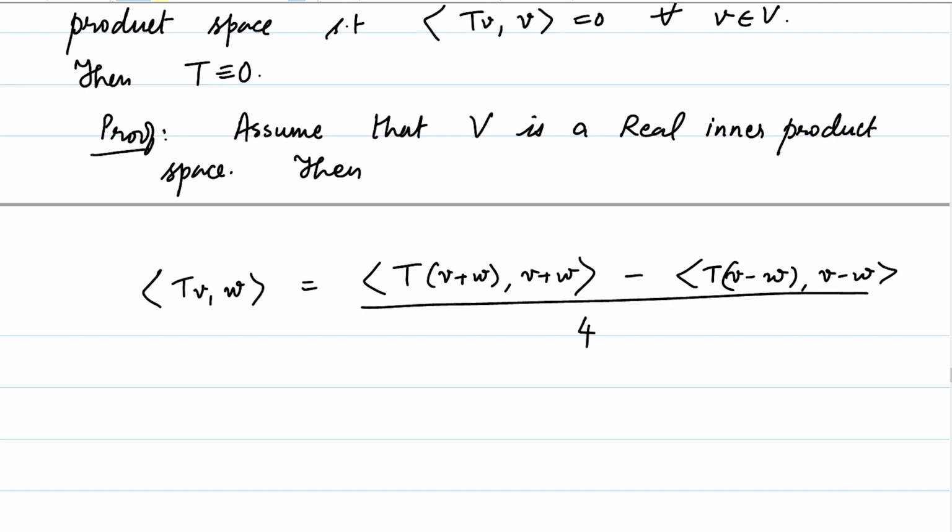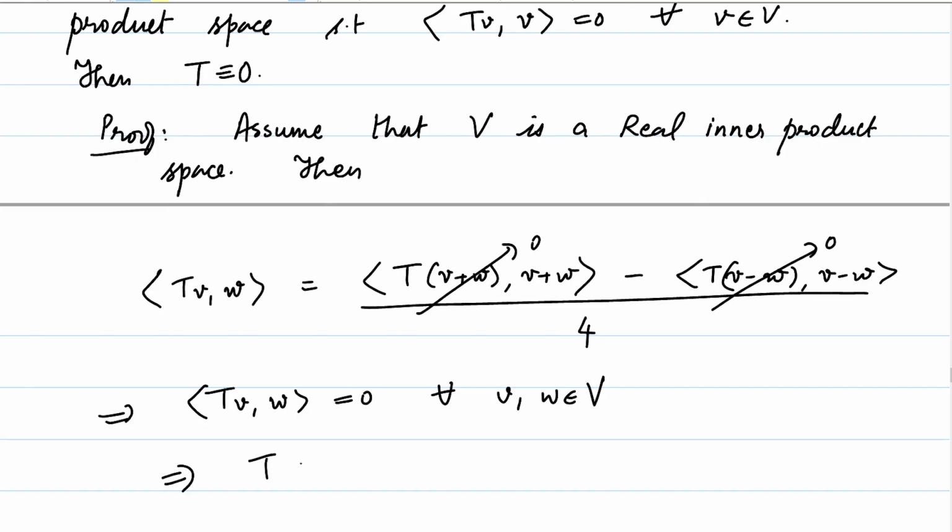By using the self-adjointness of T, this will follow, and the two quantities on top both are going to be 0, because that's of the type TV comma V. That would imply that TV inner product with W is 0 for all V comma W in capital V, and by a very similar argument as earlier, this concludes that T is identically equal to the 0 vector.